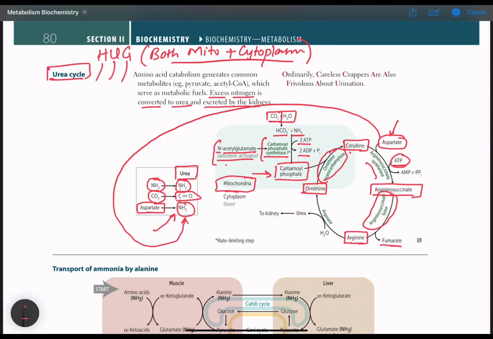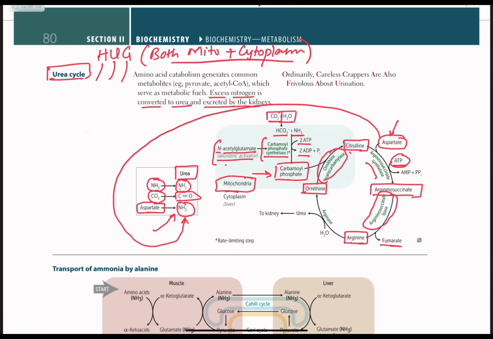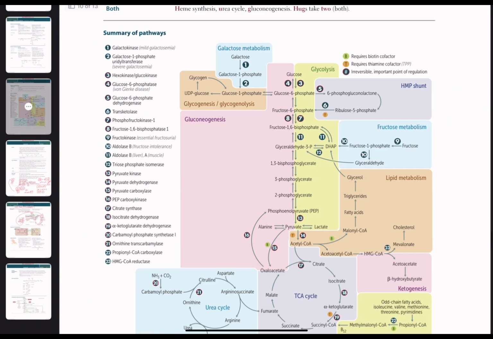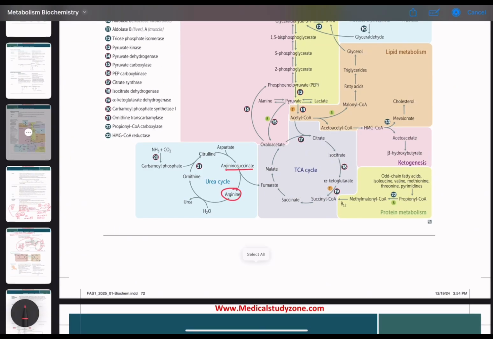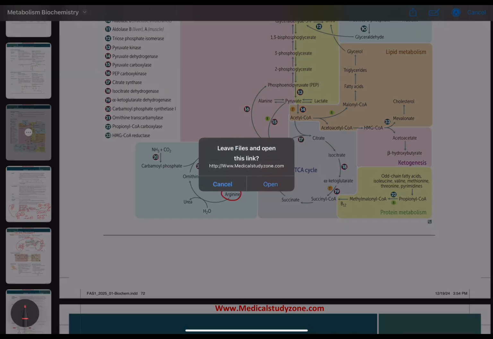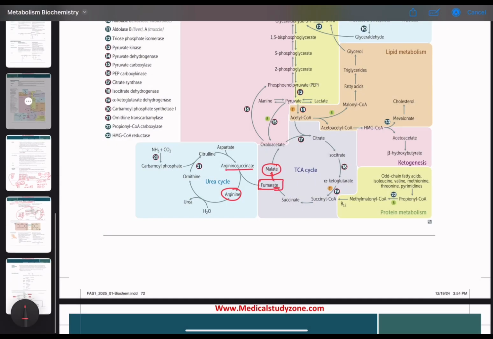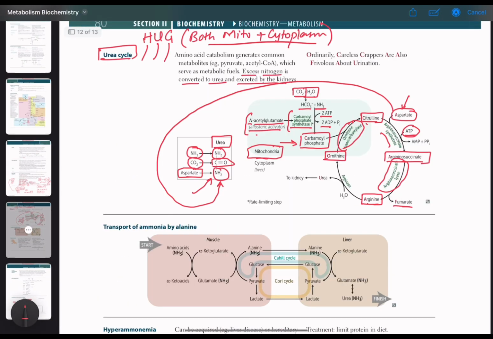This fumarate can then go on and enter the TCA cycle. Argininosuccinate gives arginine and fumarate, which is a TCA cycle intermediate, so it is the crossroad or link between the urea cycle and the TCA cycle.